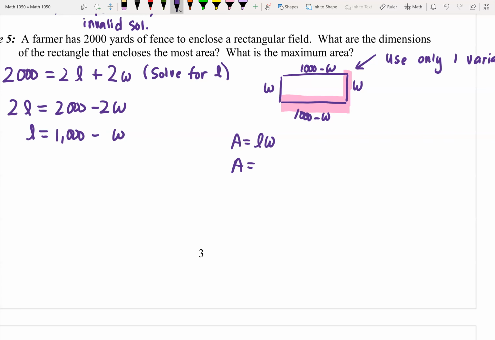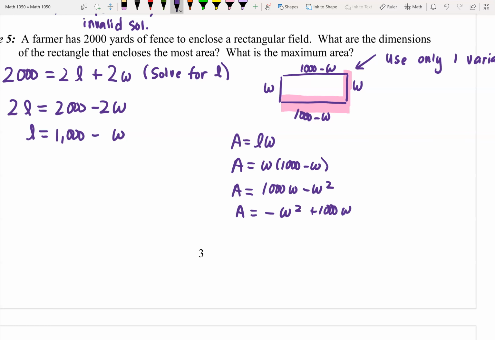So I have area equals W multiplied by 1,000 minus W. So all I'm doing is finding the area. Okay, so now I have area equals 1,000 W minus W to the second. Now I'm going to reorder it so my squared is first. Negative W to the second plus 1,000 W, just so I don't mess up.